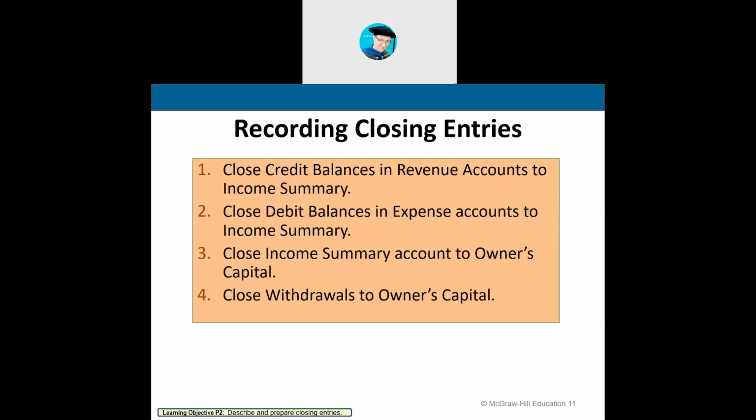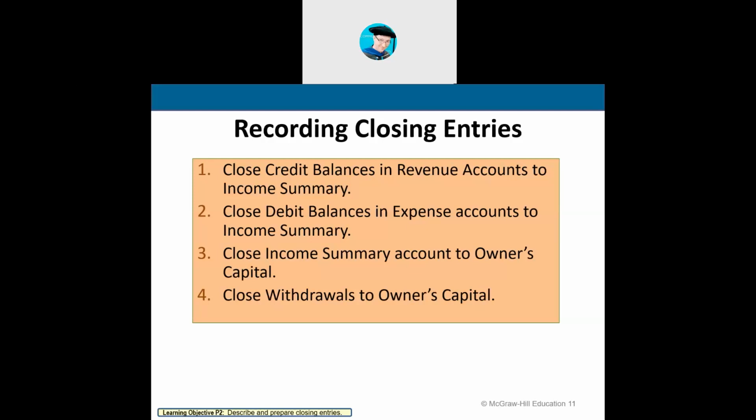The second part is we need to close our expense accounts. As you recall, throughout the month, we've been debiting our expense accounts to increase them. Now we need to zero out our expense accounts. How do we do that?